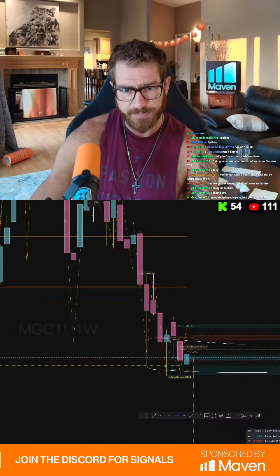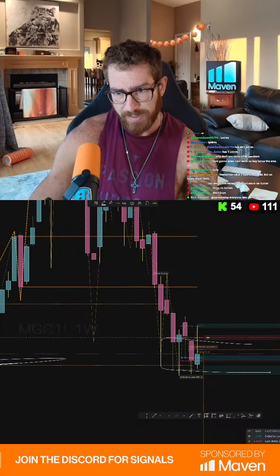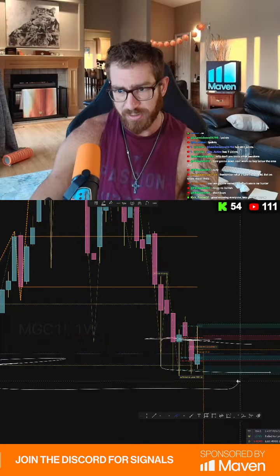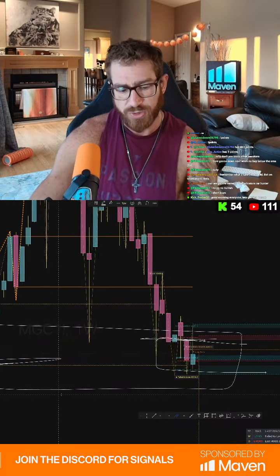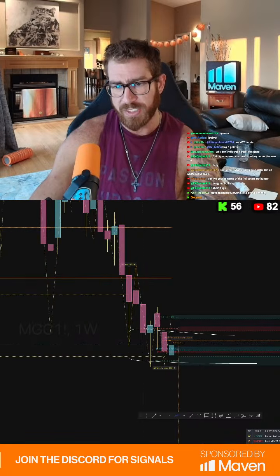But essentially, we failed to lose this level, right? So if we lose this, it's inside this still, right? So it's nested, so I want to take the one that's the highest priority.